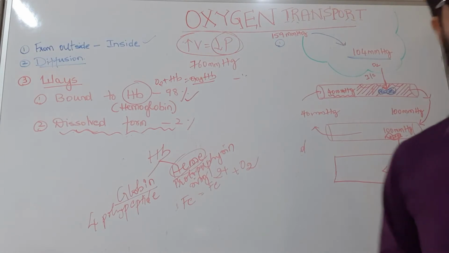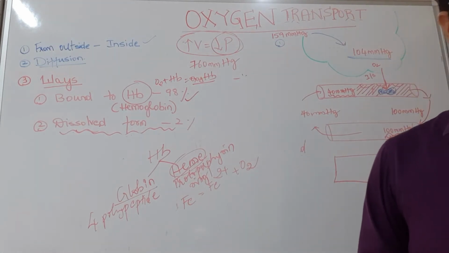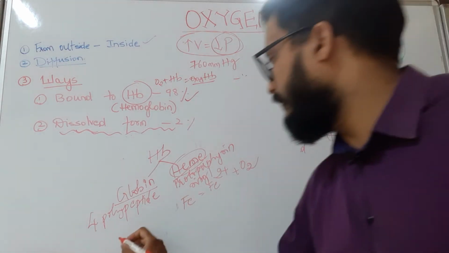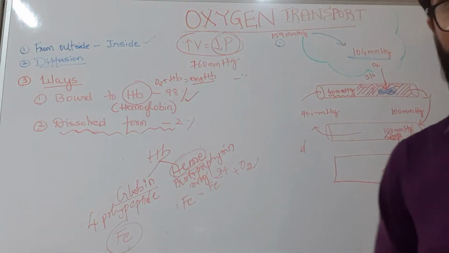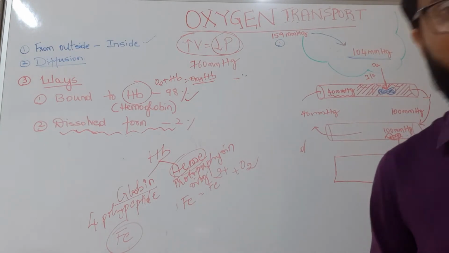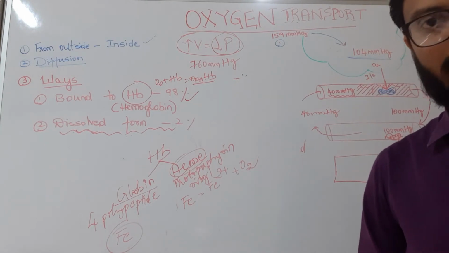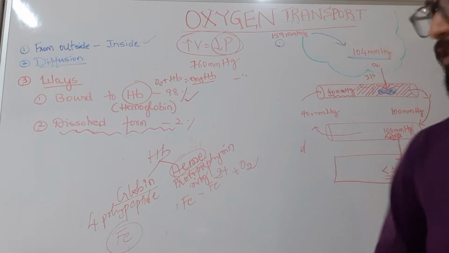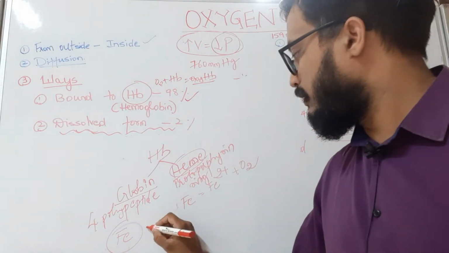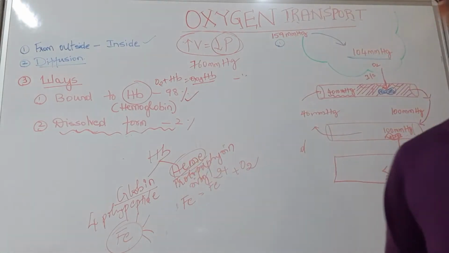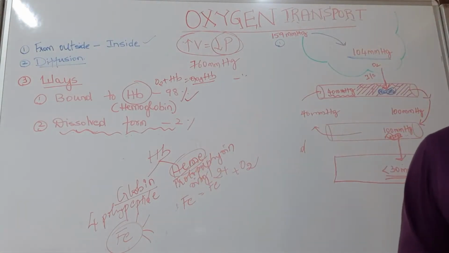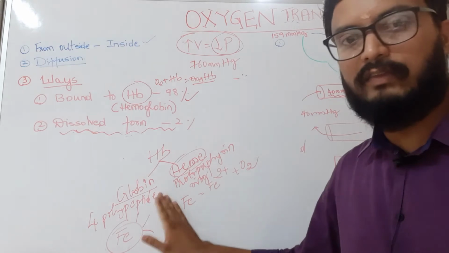So the oxygen is bound to the iron. If you see the iron that is present in the protoporphyrin, it has got 6 bonds. The 4 bonds are attached to the nitrogen atoms which are present in the center of the porphyrin ring.